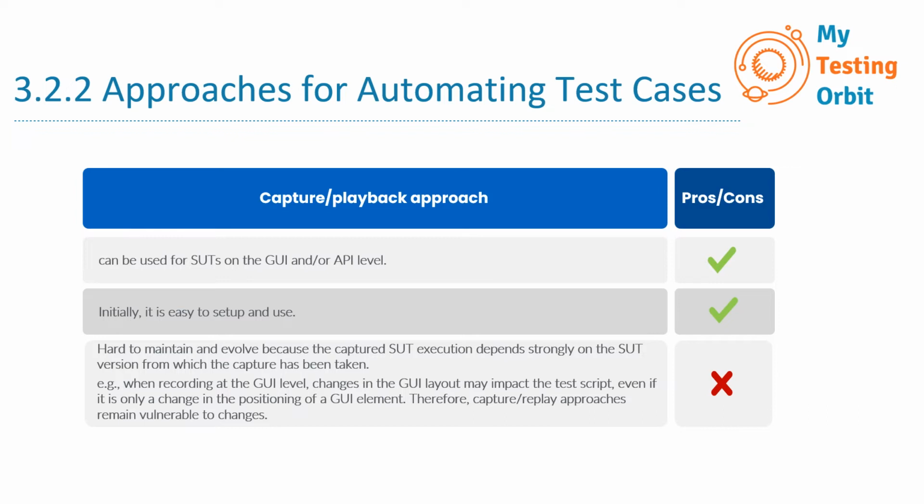And sometimes it also happens that even if you haven't made any changes, the tool actually needs everything to be the same. Sometimes there can be an infrastructure issue as well, maybe a resolution issue, or maybe the page loaded a little bit differently than it did when you recorded the script. So sometimes even when we are not making a change, it still fails. So these tests are very, very fragile.